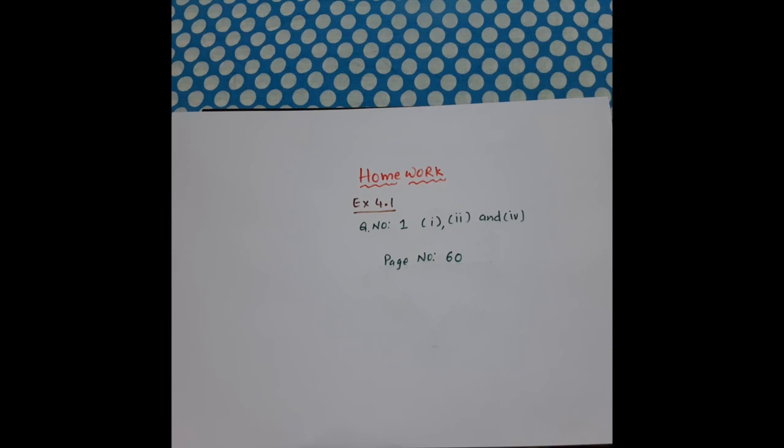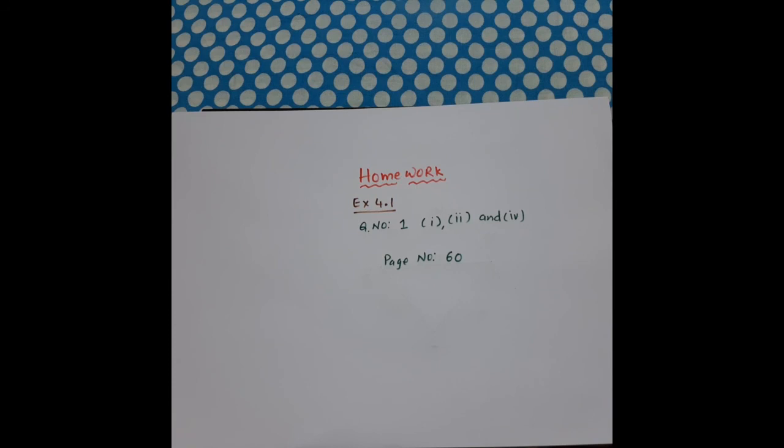Right, children? I hope you understood how to construct a quadrilateral. To construct a quadrilateral, minimum 3 sides and 1 diagonal are required. That is the first condition. Or 2 diagonals and 3 sides are given.